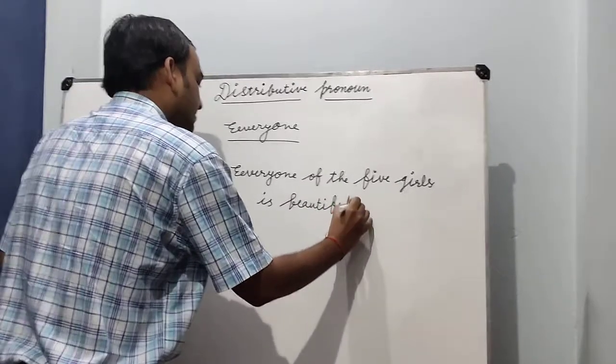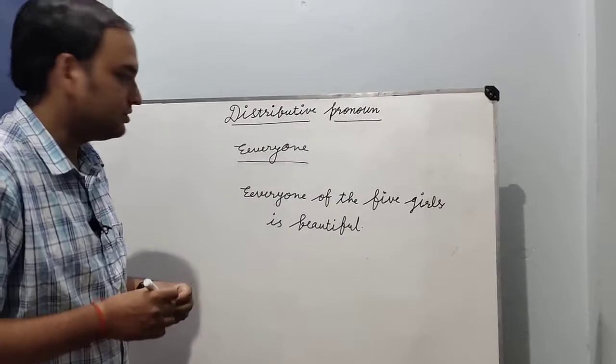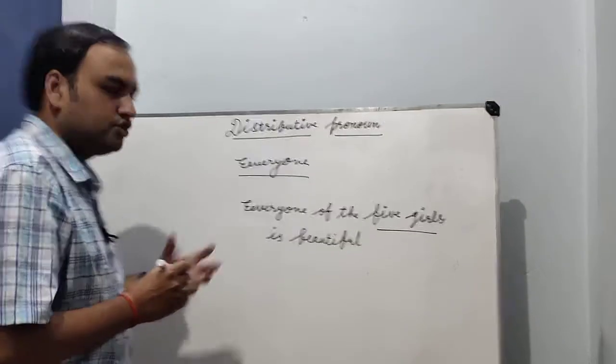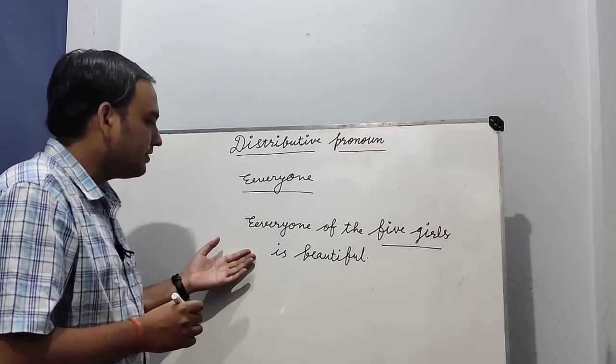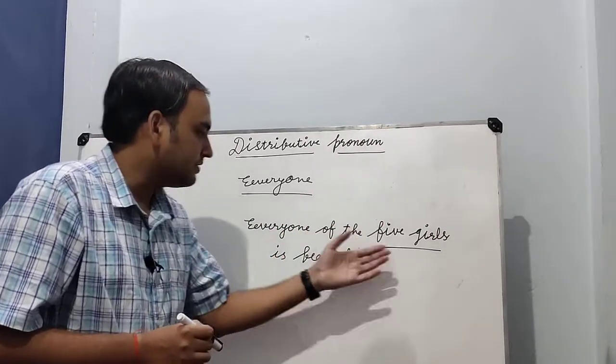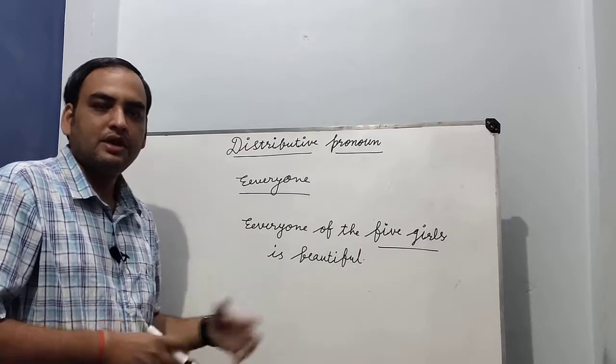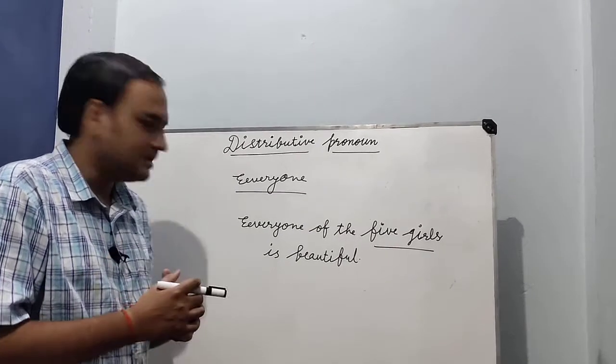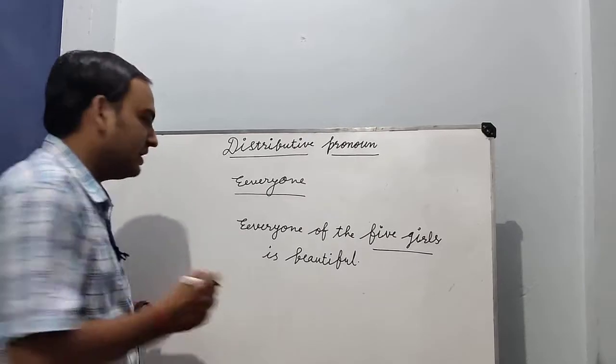It means that we are talking about five girls and these are more than two. So every one of the five girls is beautiful. When we are talking about more than two components or persons, we will use every one.